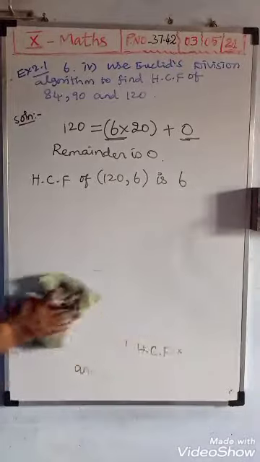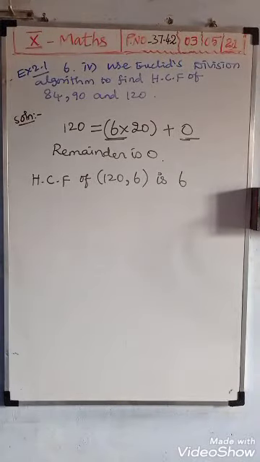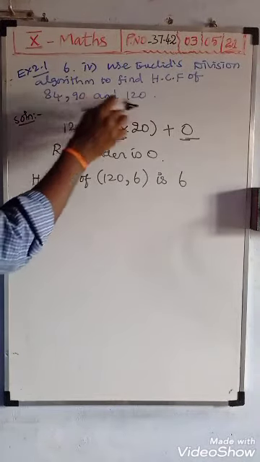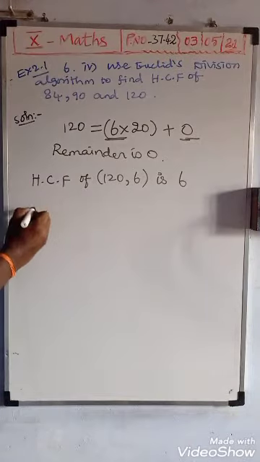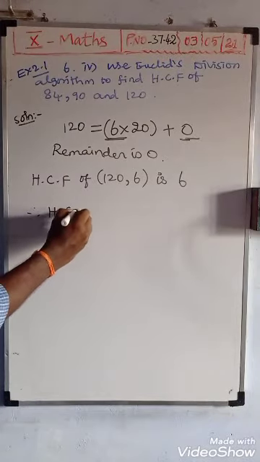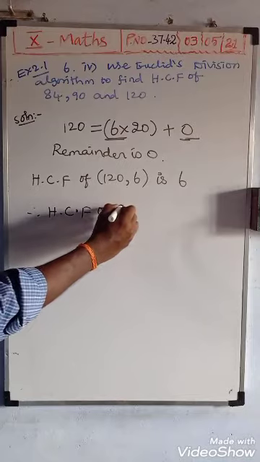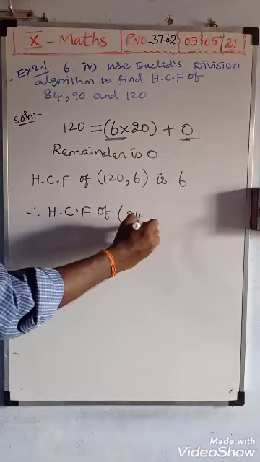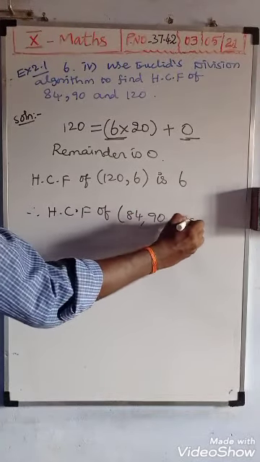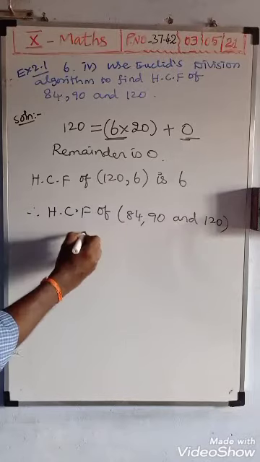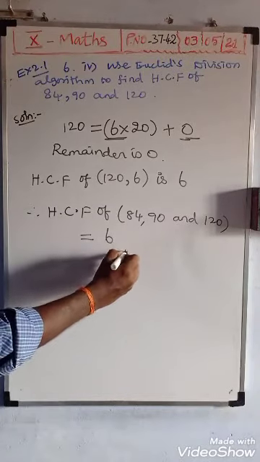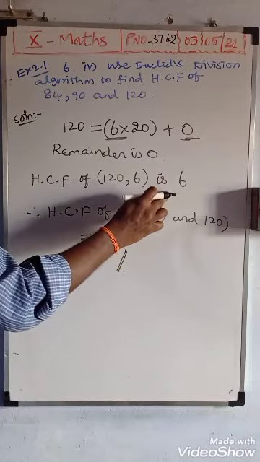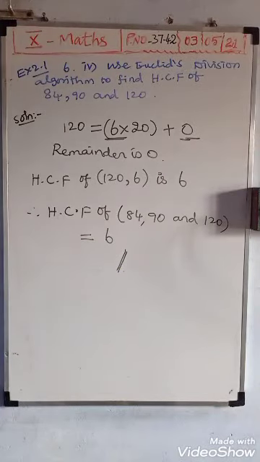Therefore the highest common factor of 84, 90 and 120 is 6. So at last, whichever answer we receive, that is called the HCF.